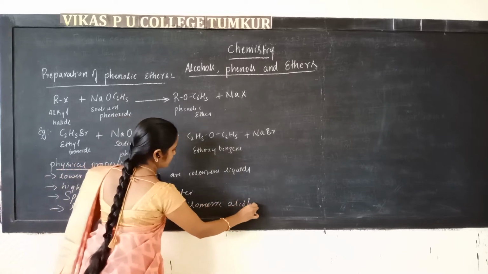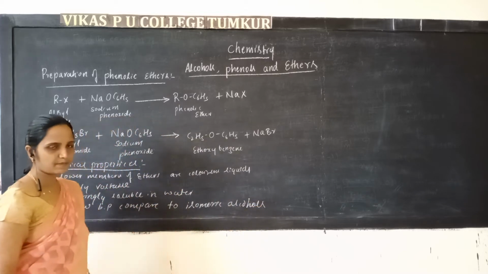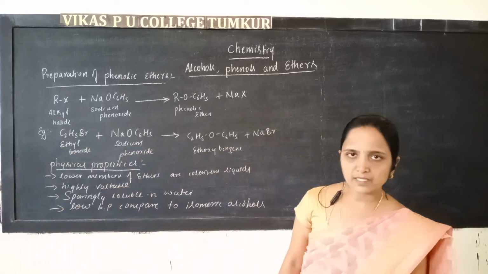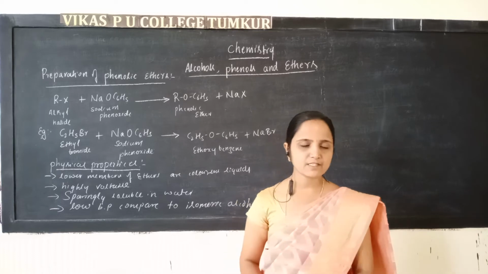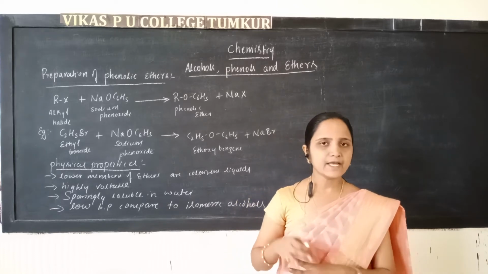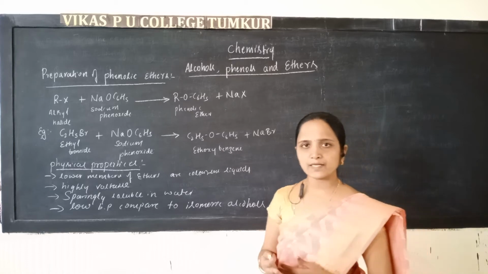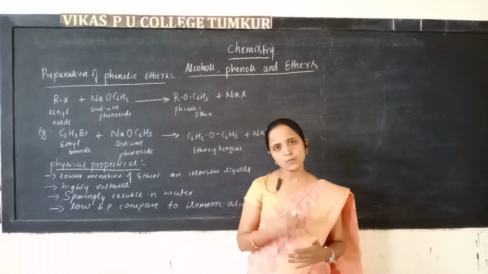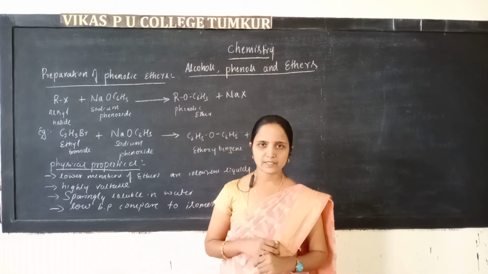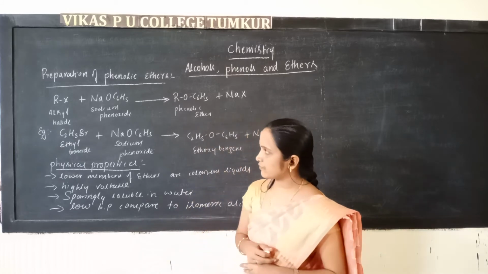So some lower members are gases, other lower members are colorless liquids, and ethers are highly volatile with low boiling points and sparing solubility in water. This is about the physical properties of ethers.